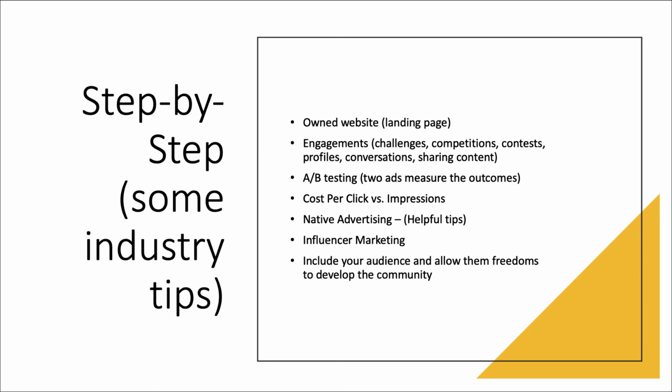Additionally, A/B testing, that's where you publish 2 ads and you measure which one is the most successful, and then you run that ad more often. So at the beginning, you're going to do some sort of dynamic experimentation. You need to think critically about cost per click versus impressions. Initially, cost per click looks like it costs a lot more money.